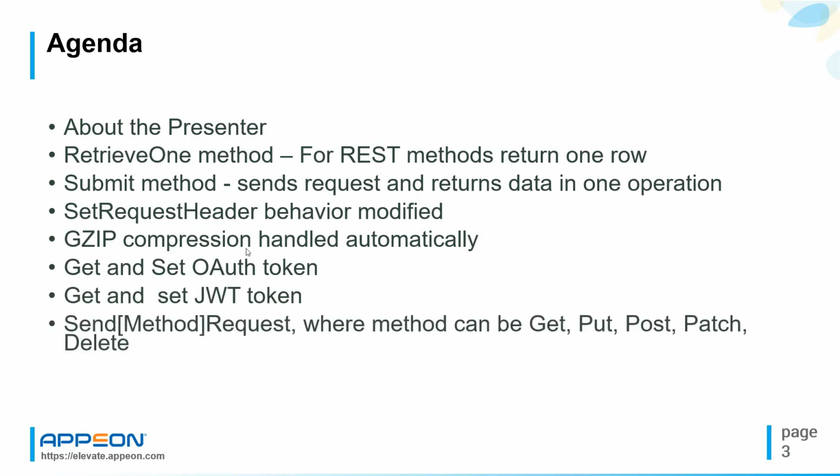And there's a whole batch of new methods here. They all are Send and then a method name, Request. So there's a SendGetRequest, SendPutRequest, SendPostRequest, etc. Methods that have been added, and then we'll have questions and answers.